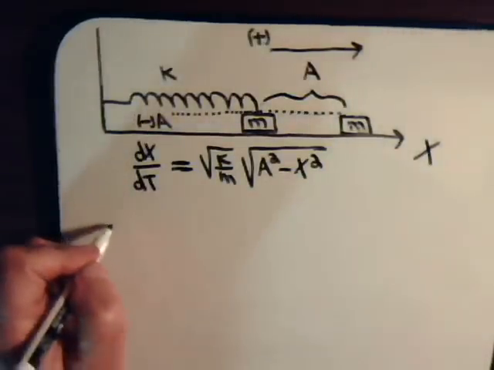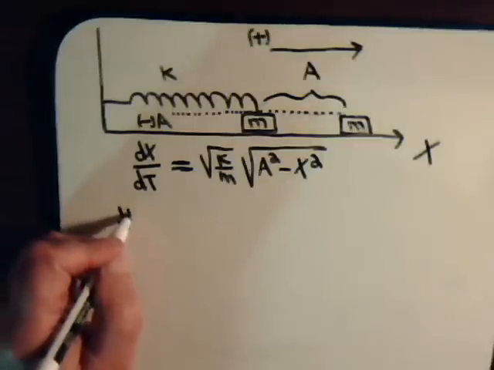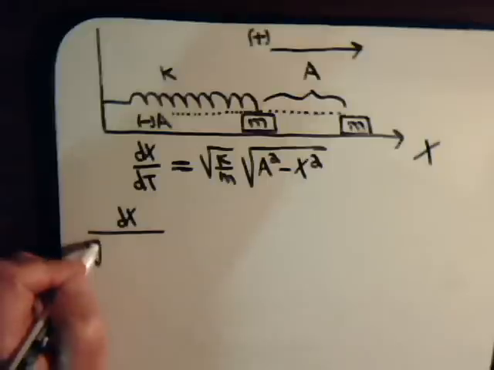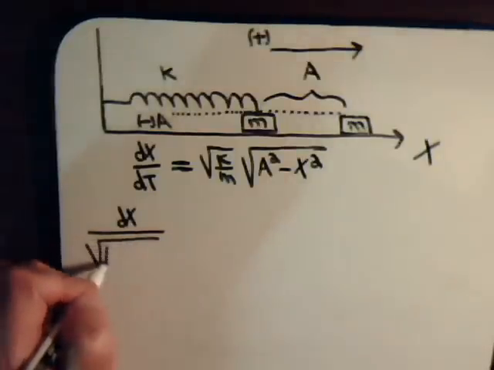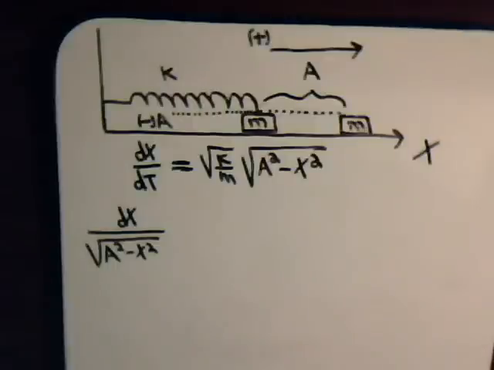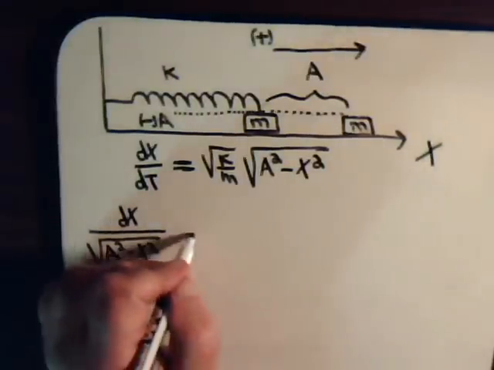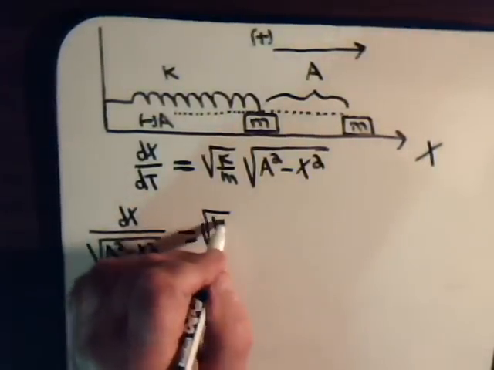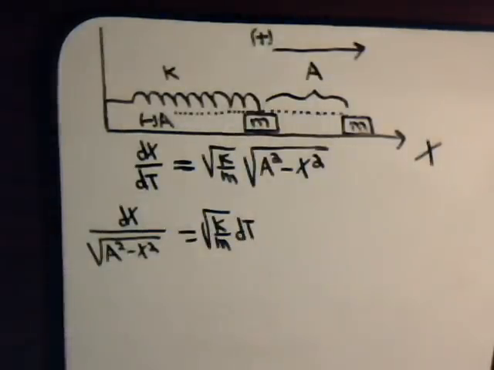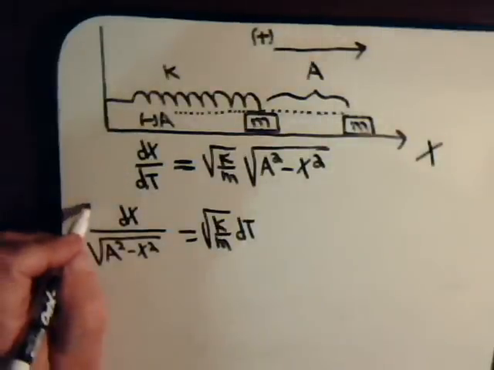So we have dx divided by the square root of a squared minus x squared, which equals the square root of k over m times dt. And now we can integrate both of these.